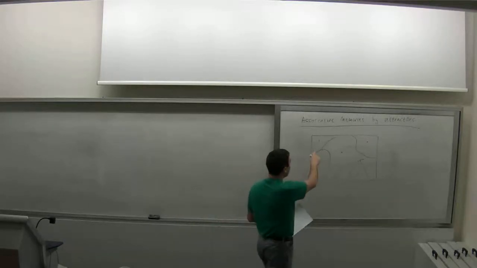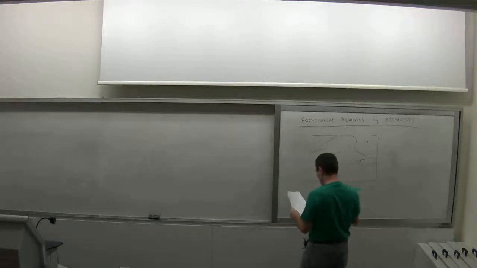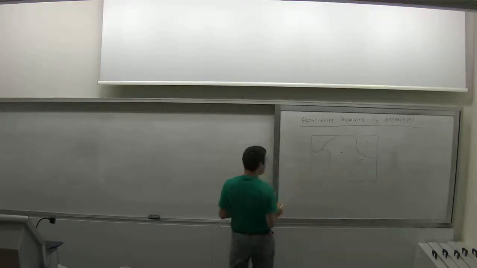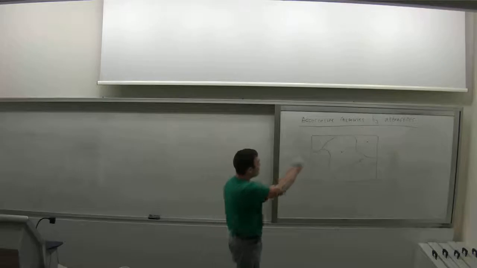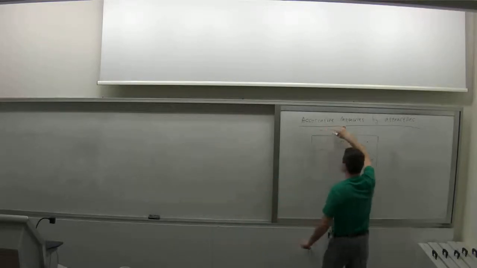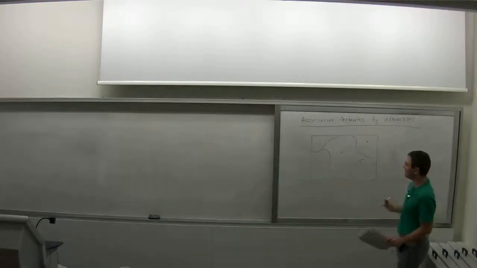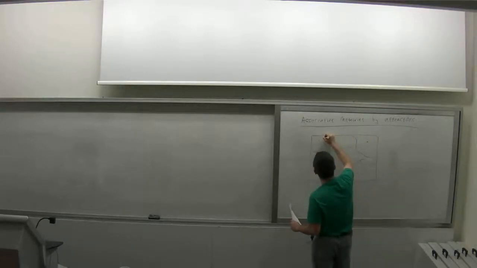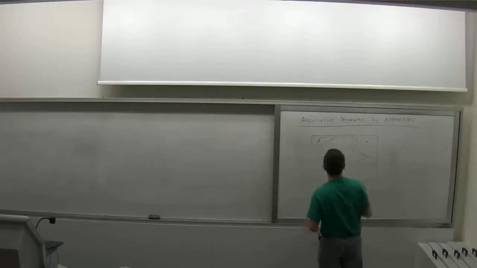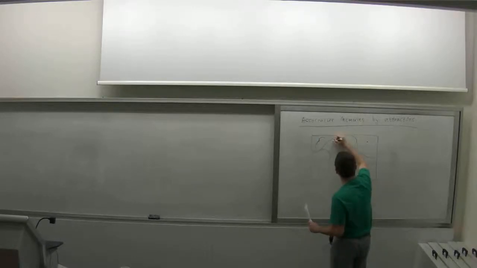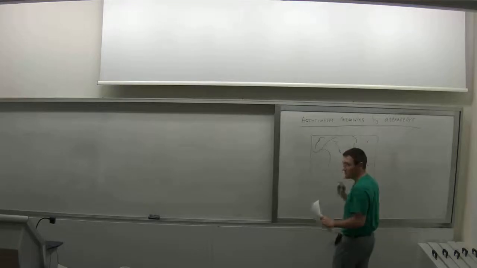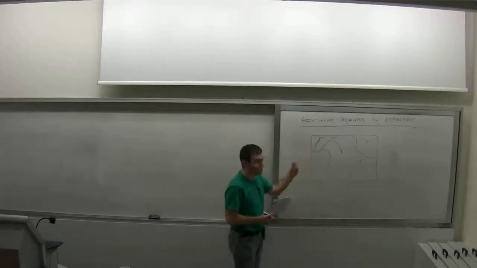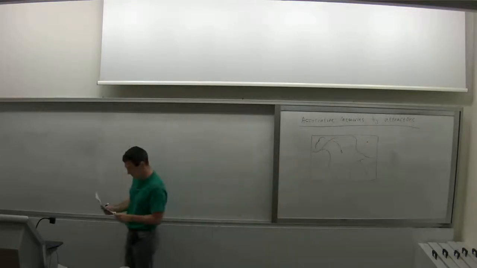Each of these fixed points corresponds to a different memory pattern, and around each there is a basin of attraction such that if we start from this point, we will converge to this fixed point, or if we start from this point, we will converge to this point. But if we start from this initial condition, the dynamics would converge to a different fixed point.